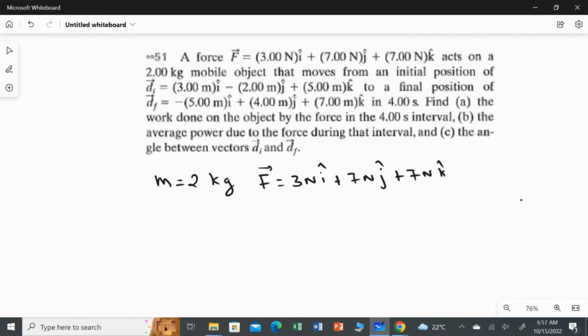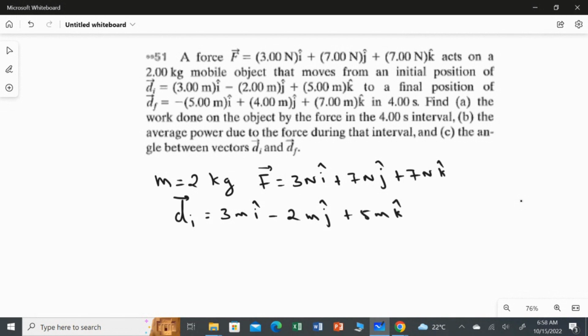By that, this object moves from the initial position di to the final position df. So that means when you apply this force to this block of mass 2 kilogram, it has two positions. The initial position is given as di vector, which is 3 meter I cap minus 2 meter J cap plus 5 meter K cap.